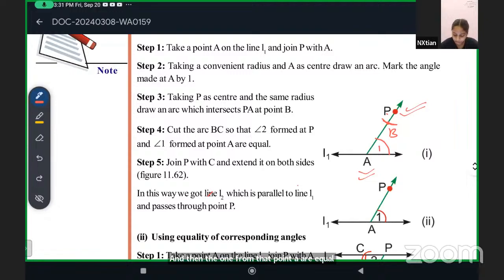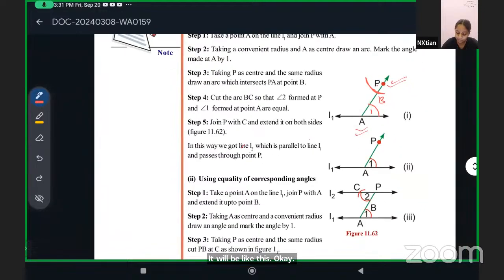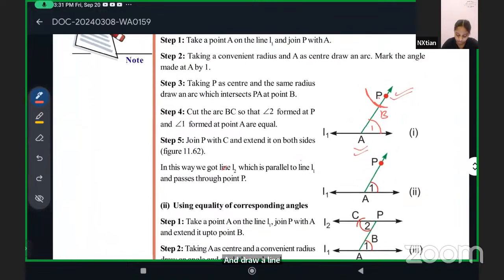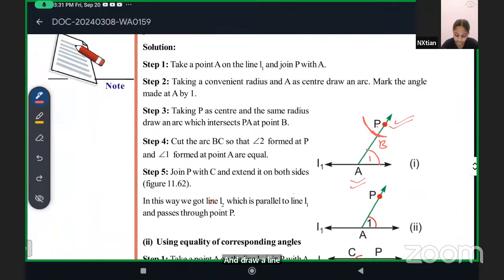Okay, so it will be like this. And draw a line, join P with C and extend it on both sides.